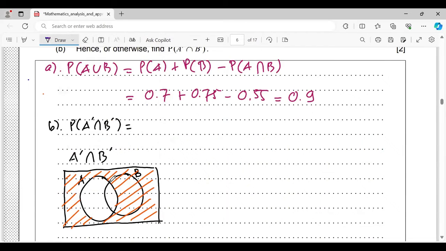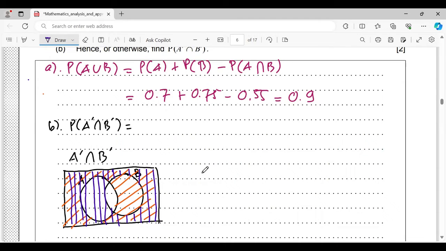This is B, so area non-B is the area out of B. The area with double shading is the solution area.